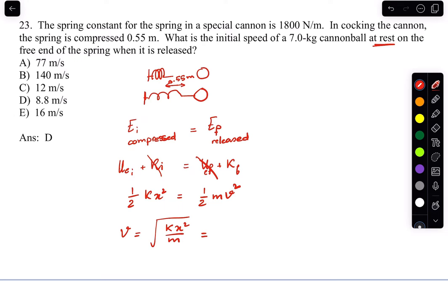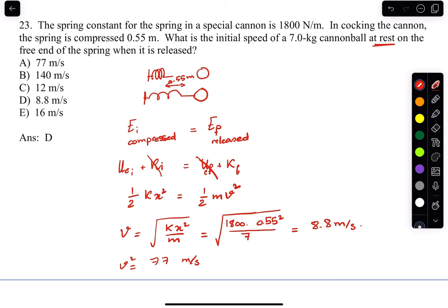So this will be the square root of 1800 newtons per meter times the compression, which is 0.55, squared, divided by the mass, which is 7 kilograms, and this gives us 8.8 meters per second. Notice that if you forget to apply the radical, you actually obtain a value of 77 meters per second, and you might end up choosing answer A, which is a bit tricky.